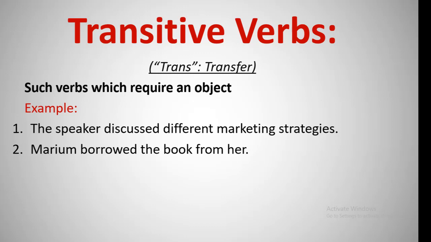In order to remember the difference between transitive and intransitive, and to give you a hint or reminder, I must tell you that transitive comes from the word trans, which means to transfer something.